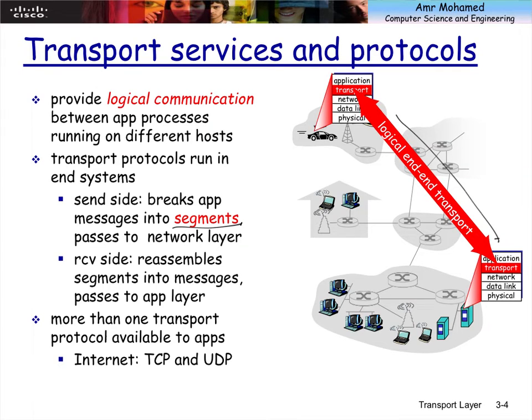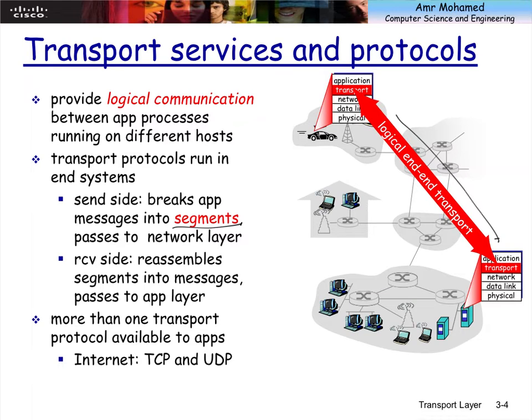They call it segment, okay? As we discussed in Network 1, for each layer we have something called the protocol data unit, which refers to the unit of communication in this layer. For example, in the network layer, we always talk about packets.